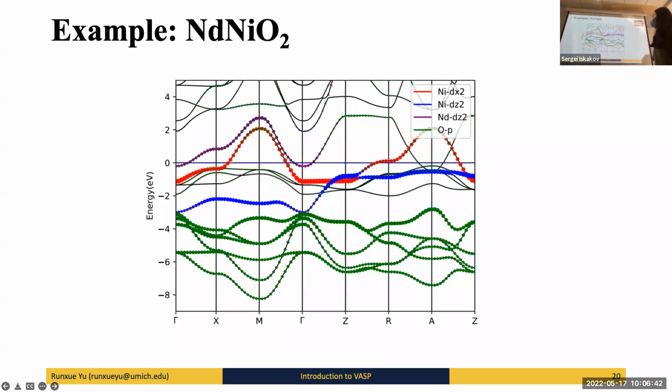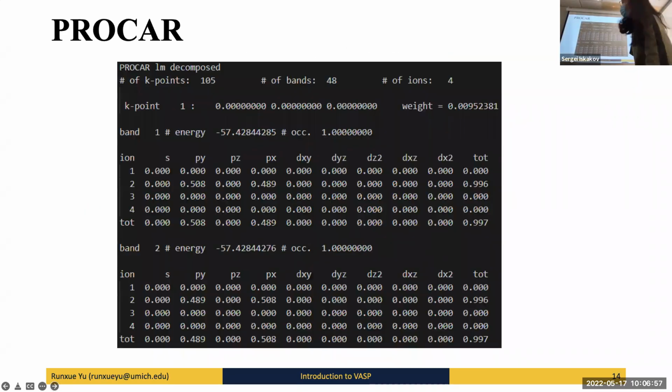Yeah, and this is just the band structure here, and I have also shown you the orbital projected contribution on each band. So how do you get these orbital projected contributions? I have mentioned here. So for each band, it has listed the contribution for each atom and each orbital.